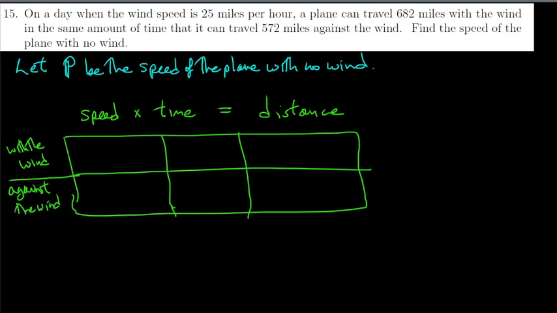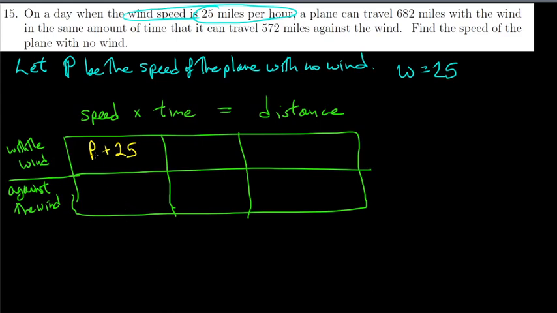And if you remember, the speed of the plane with the wind is P plus W. But notice we know what W is here. W is the speed of the wind. Right? That's given to us. That's the wind speed is 25 miles per hour. So W is 25. Right? So it's not P plus W now, it's P plus 25.